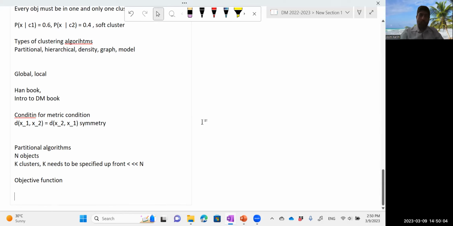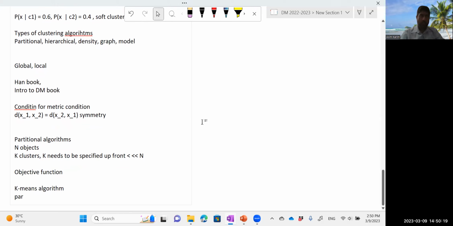So the first algorithm we will discuss is called the k-means algorithm, which is the most popular clustering algorithm. So k-means algorithm is partitional.